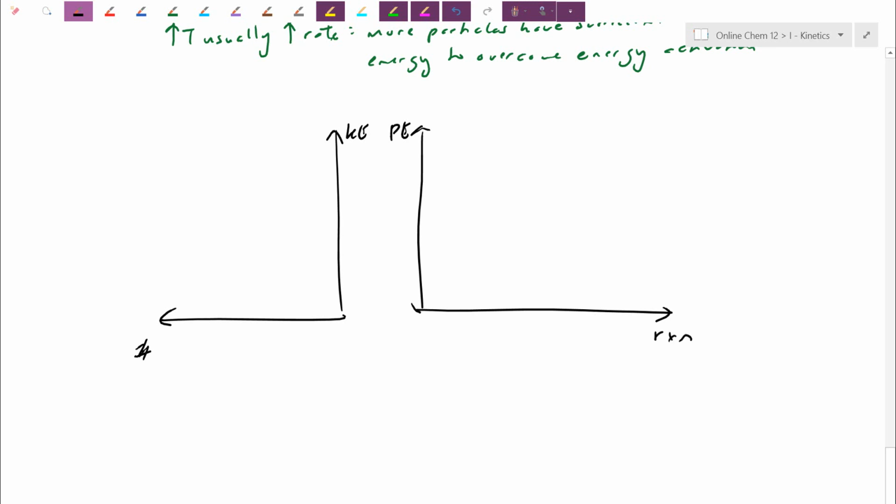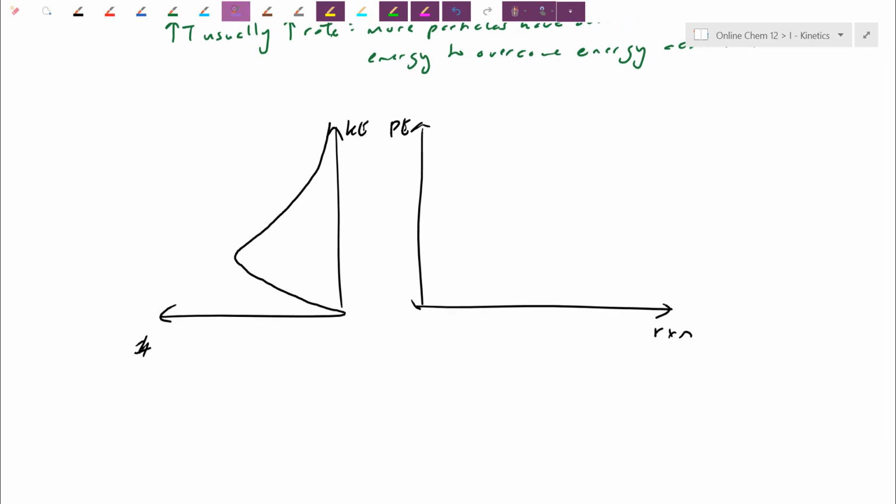But basically from our curve here, we had lots of particles traveling at some medium energy. There's an activation energy, a barrier that you need for particles to be traveling fast enough. And that activation barrier is the same activation barrier as we had on the PE diagram.